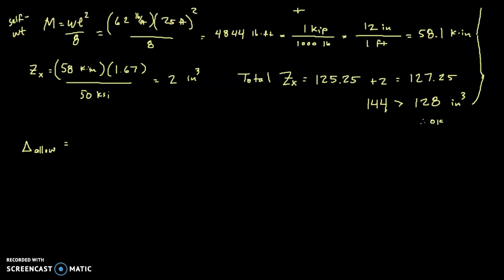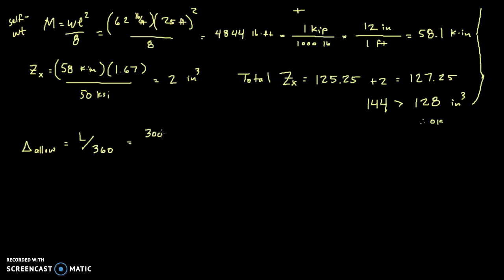Okay, if we look at the problem statement, it says that deflection may not exceed the span length divided by 360. The span length was 25 feet, which is equal to 300 inches.